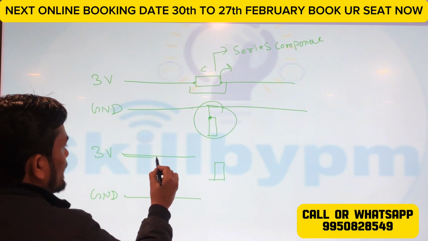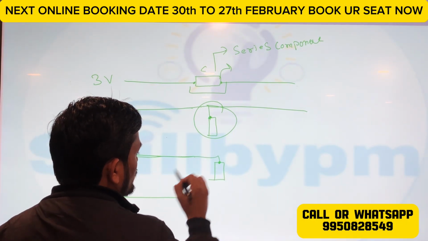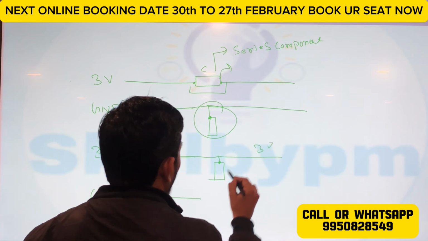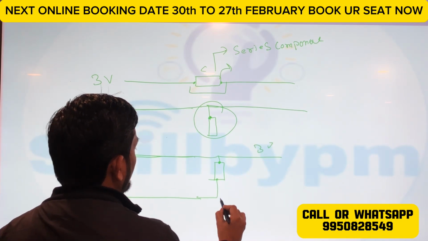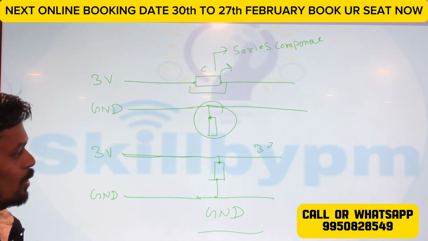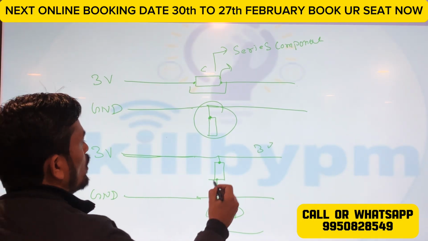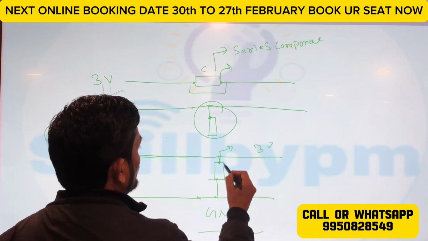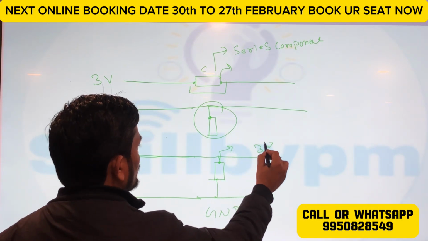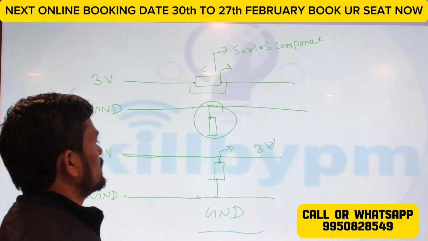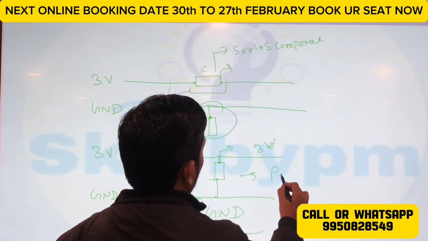So this is the 3-volt line, first connected in the 3-volt line and second is connected on the ground line, GND line. You look that both corners are connected with different lines. First is voltage line, second is ground line. So this is a parallel component.